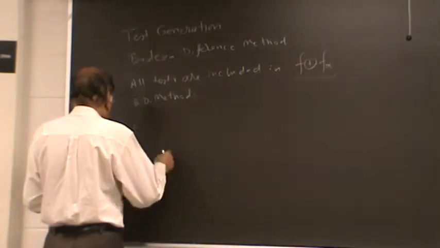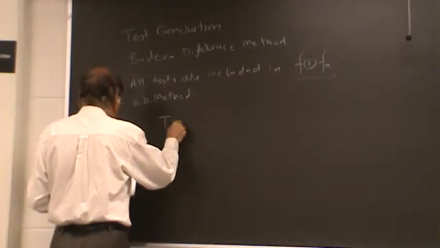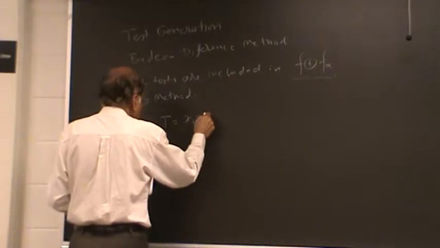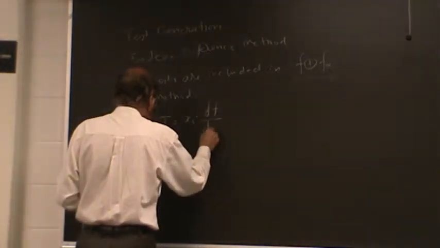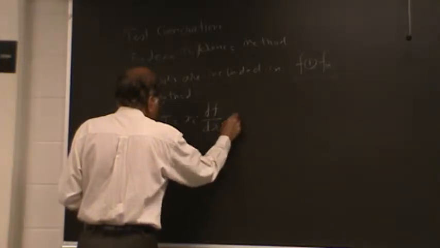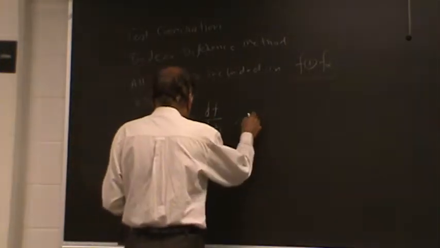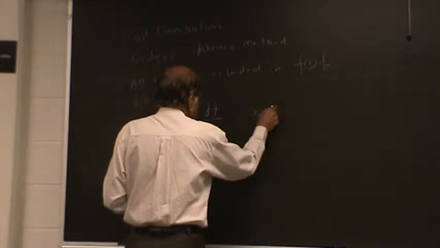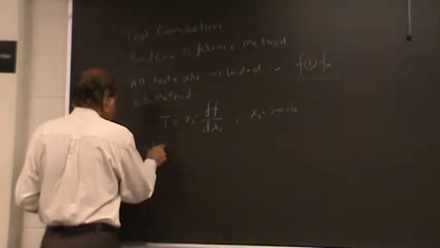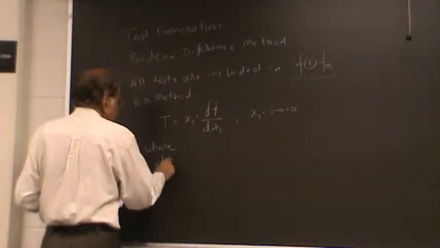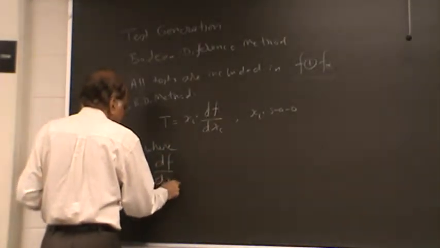And according to Boolean difference, all the tests are included in the expression. And this is for x of I stuck at 0, where we define the term df by dxi.